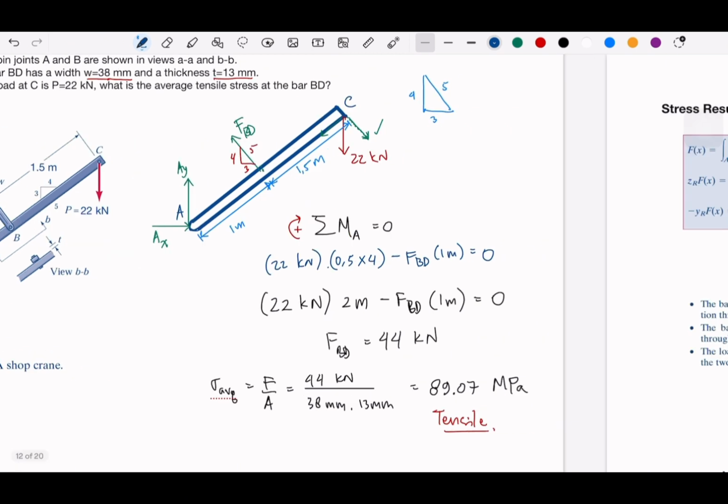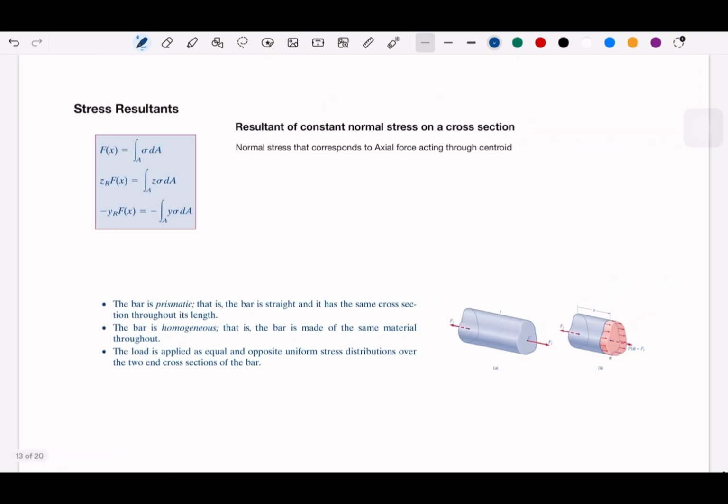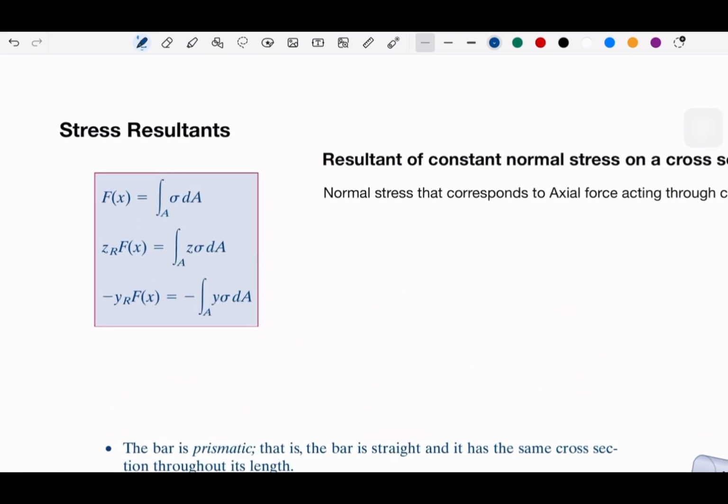Okay, now we move to another subtopic, which is the stress resultants. So basically, for the stress resultant, we have seen the internal resultant in the introduction, and previously we had the average normal stress on the cross section, right?